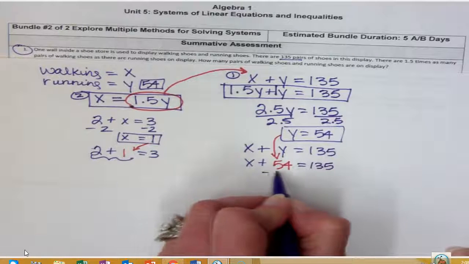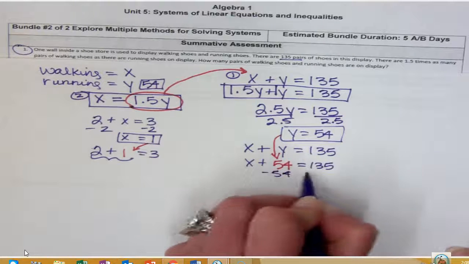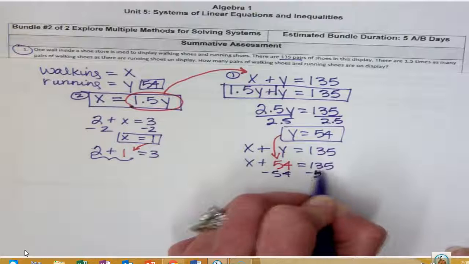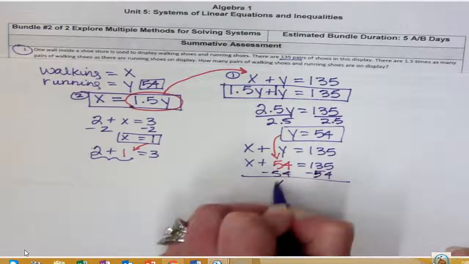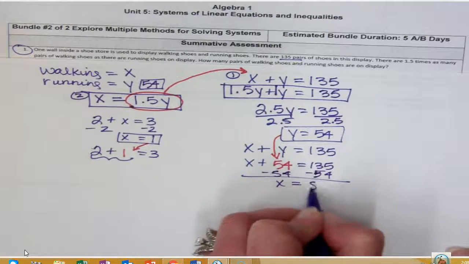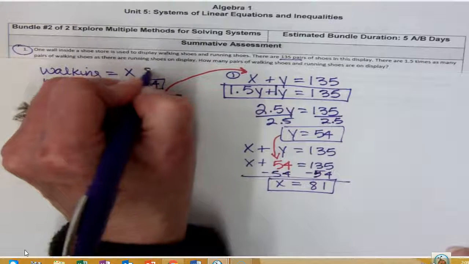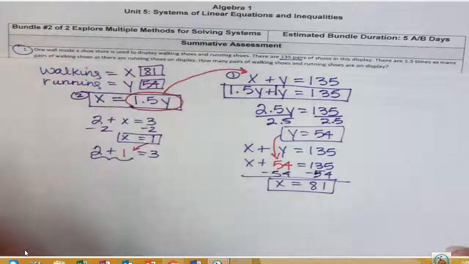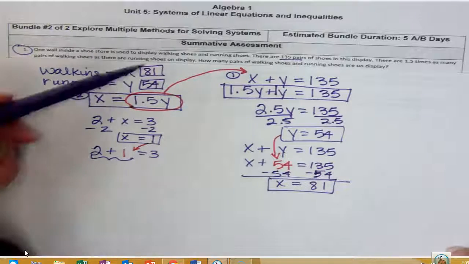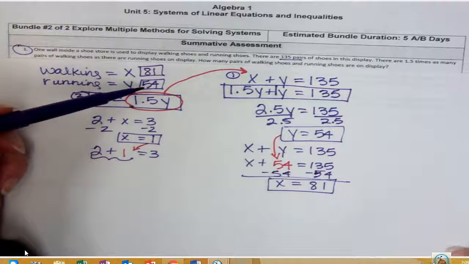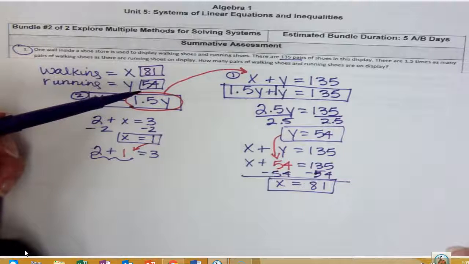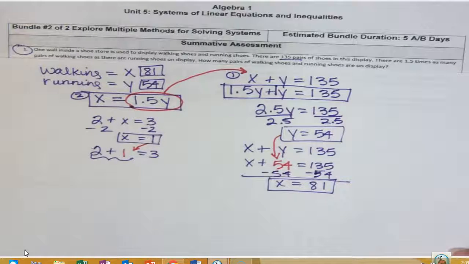And I get, subtract 54 from both sides. X equals 81. So the number of walking shoes is 81. When I add 81 plus 54, that works out to be 135, so I know I got the answer correct.